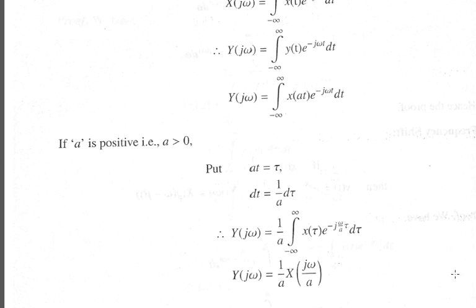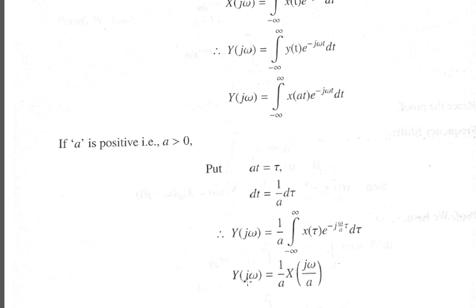Now t is replaced by tau, meaning t is written as tau by a, and as dt is equal to 1 by a d tau, by substituting all of those we get this equation.